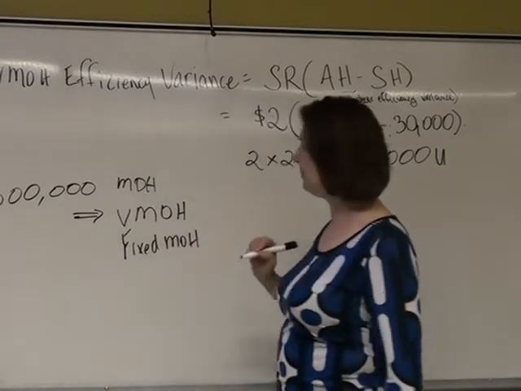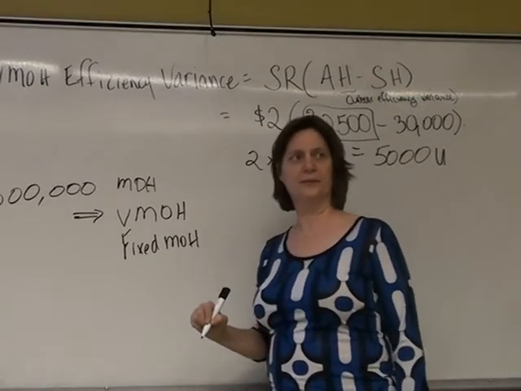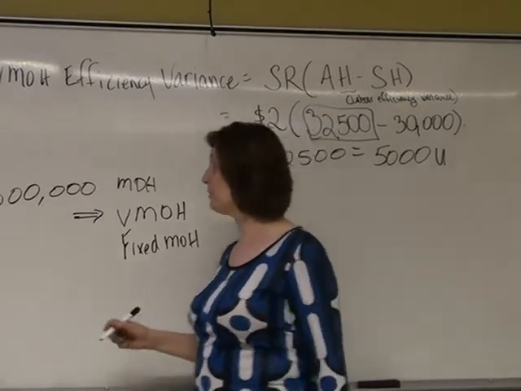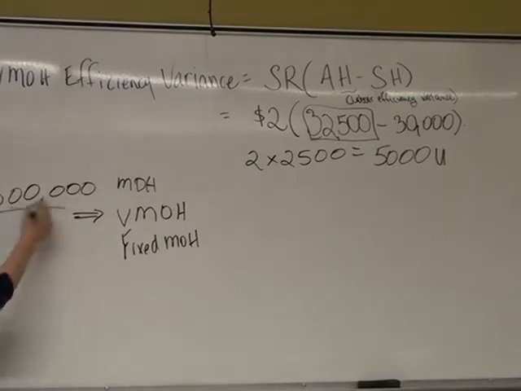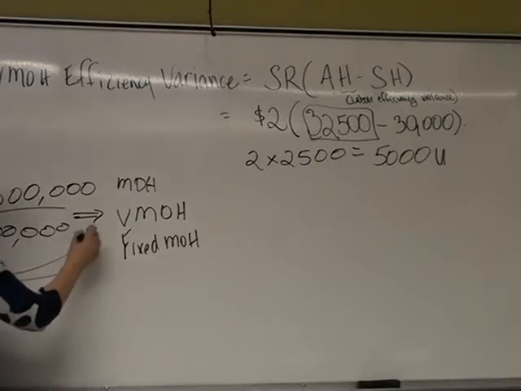But do we apply it the same way? When we created our rate that said that we were going to use 100,000 direct labor hours, did we say whether these were fixed or variable costs? No. We generally just clump them together, come up with a rate, and that rate is actually a mixed cost. It has a fixed portion and a variable portion.